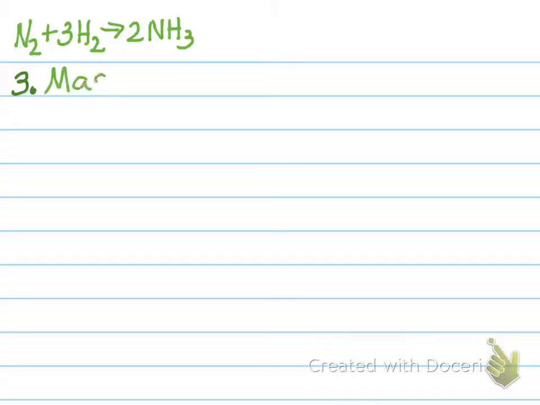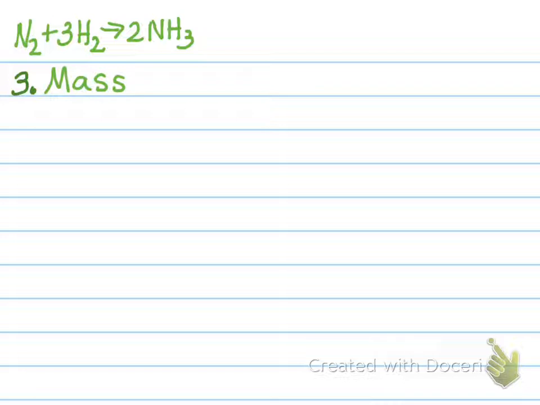Again, I'm going to put my balanced chemical equation up here so I have it to look at. The third piece of information we can get from our balanced chemical equation is we can interpret it in terms of mass.